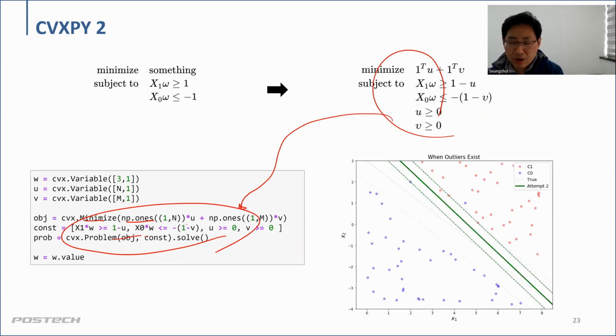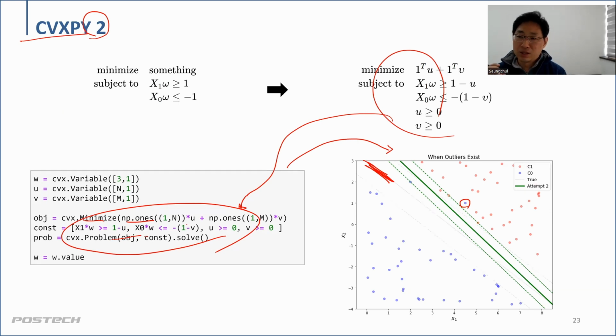So that's what we got out of CVXPY, the second attempt. As you can see here, even though we have some outliers and misclassified data points, it's okay. In the first attempt, we could not find any boundary because it doesn't exist, but now we do have one, which is good. This is what we were supposed to get, because that's the boundary we started with.